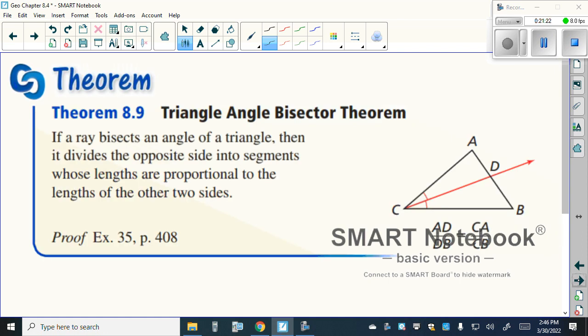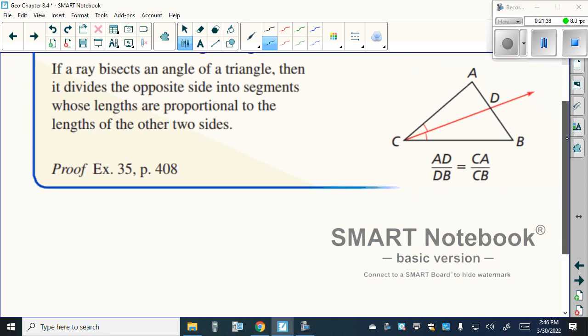We're going to move on to the last theorem for this chapter, and that is the angle bisector theorem. If a ray bisects an angle of a triangle, then it divides the opposite sides into segments whose lengths are proportional to the lengths of the other two sides.